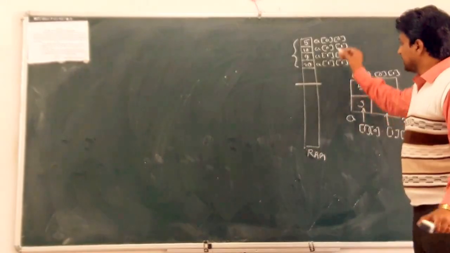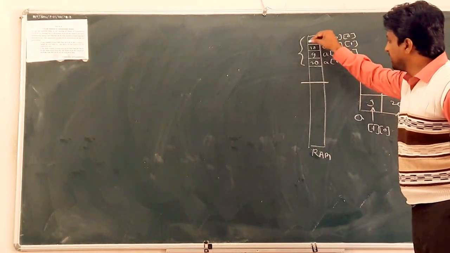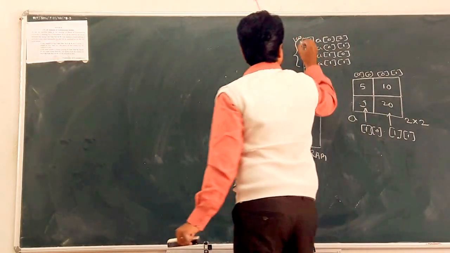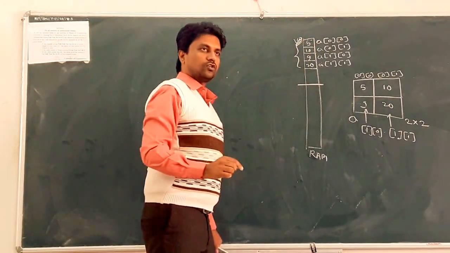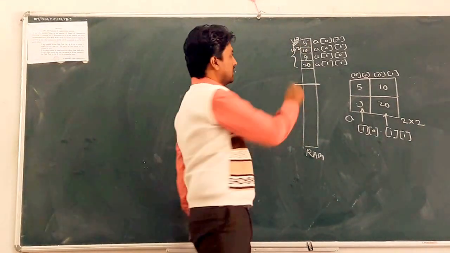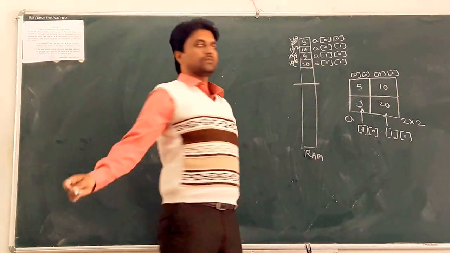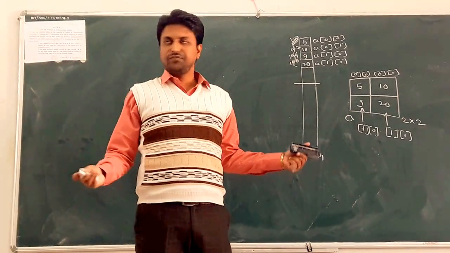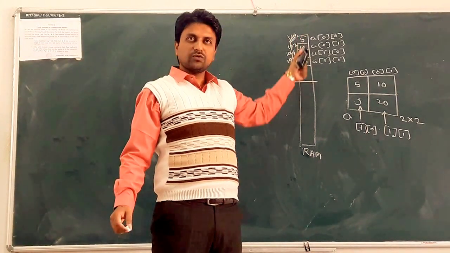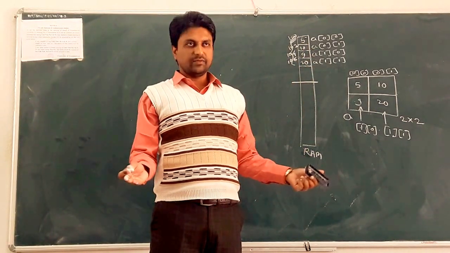All elements are arranged in a sequential manner and memory areas are allocated contiguously. For example, if the first location has address 100, then the second element's address is 102, the third element's address is 104, and so on. Clear? We can predict it. If you know the base address of the array, then we can predict the value of any element.